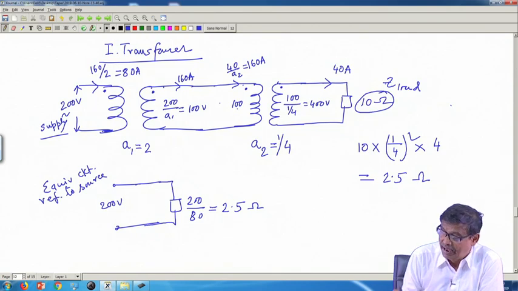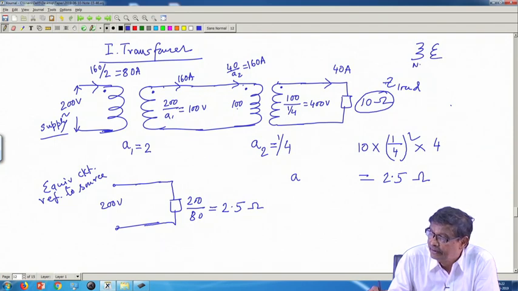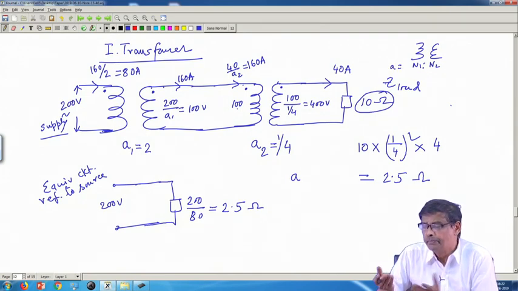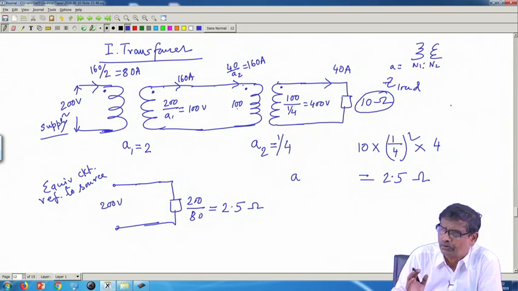See, I have defined A for a transformer to be N1 is to N2. A may be greater than or less than 1, depending upon whether stepping up or stepping down voltage.